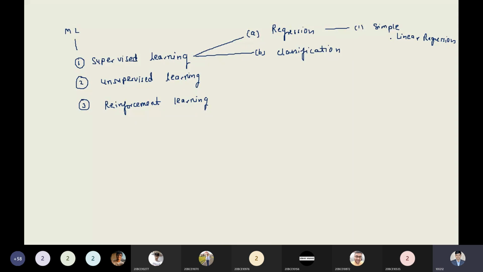If time permits, we will definitely see them, or I will explain them in the practical part. Next, we have seen classification.